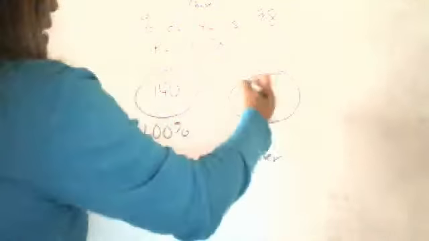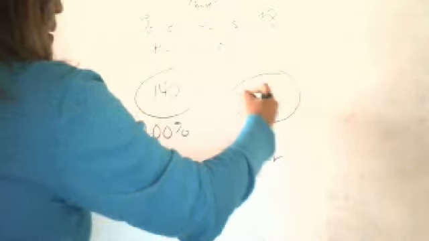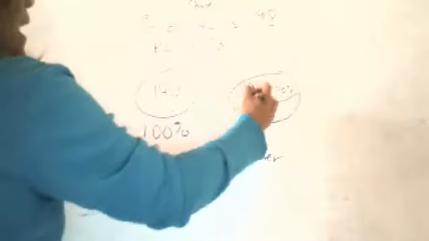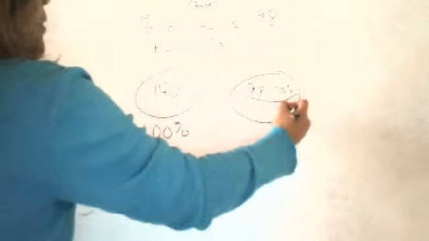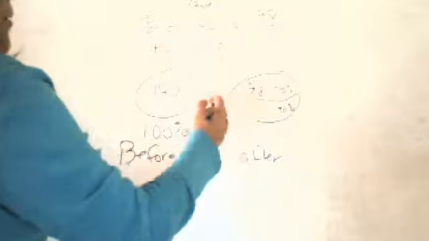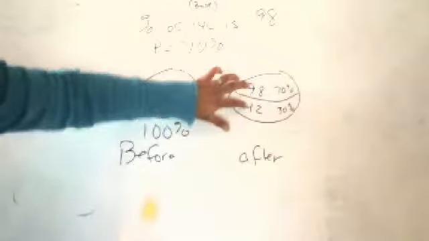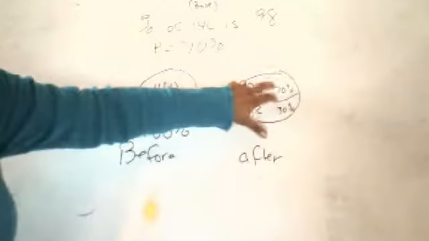Then we said 70% is 98. Therefore, 30% has to be what? 42. Because the two of these have to add up to the 140, and 70% and 30% gives you 100%. That's all you do for a diagram.